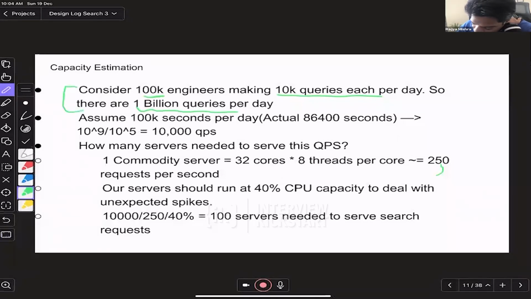You can see that these are quite huge numbers, quite liberal numbers. Then, assuming 100,000 seconds per day, it comes to 10,000 queries per second. So our system should be able to handle 10,000 queries per second.